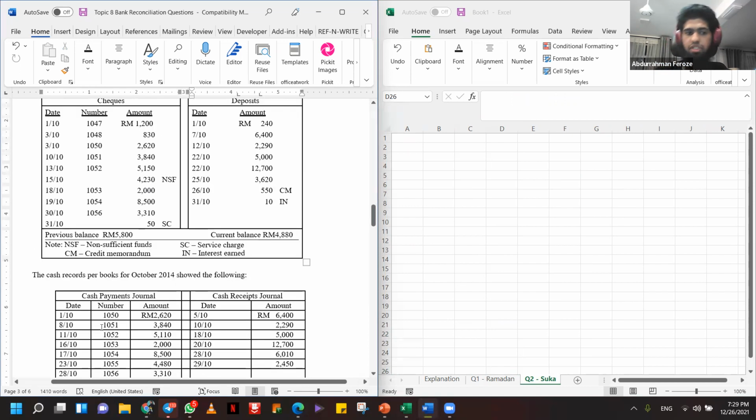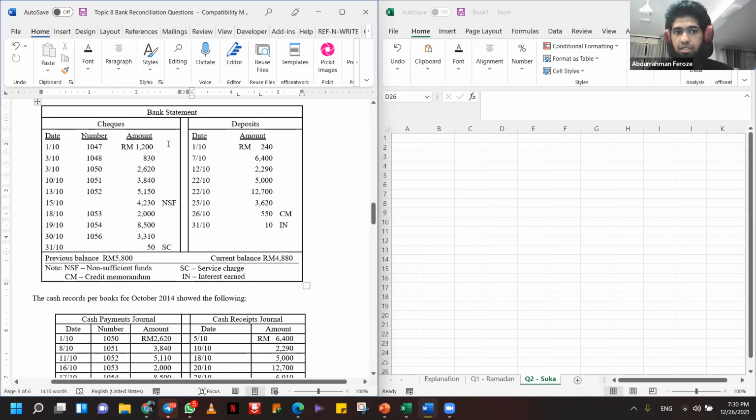So first of all, let's match between the two. Let's filter. We need to find out what is there in the bank statement, but what is not there on the cash book, right? So let's look at the checks.